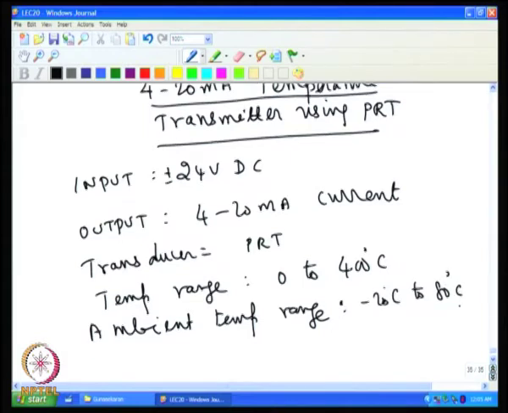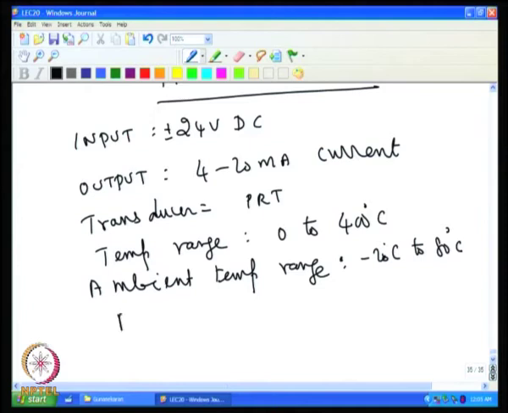And then the accuracy that we are aiming at is plus or minus 1%. That is what we are actually aiming at.